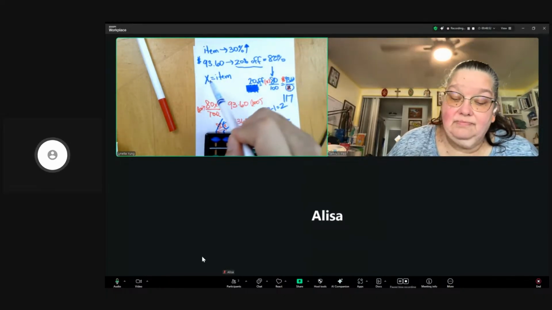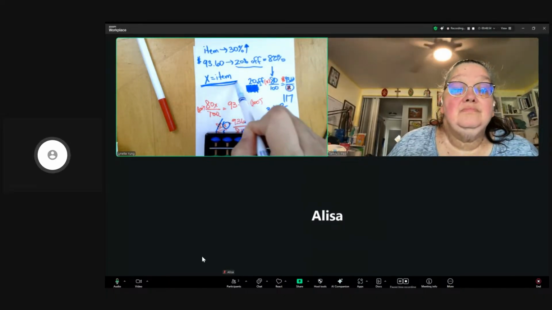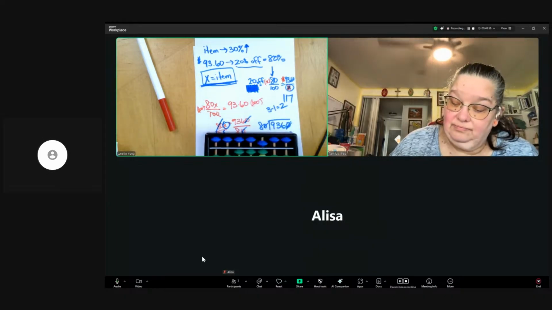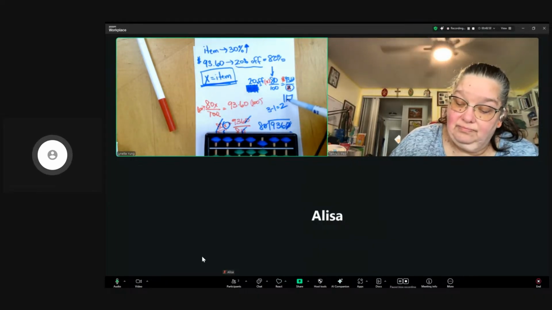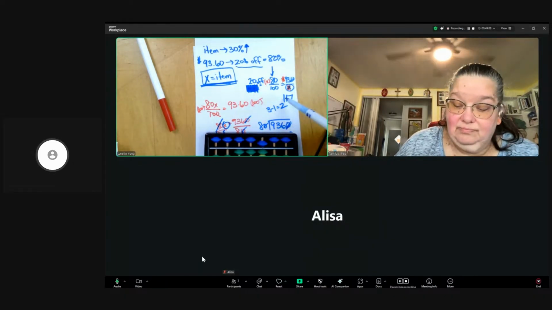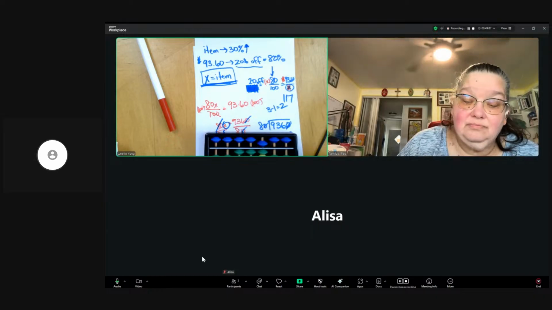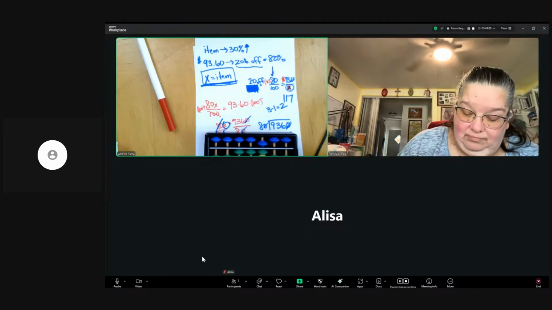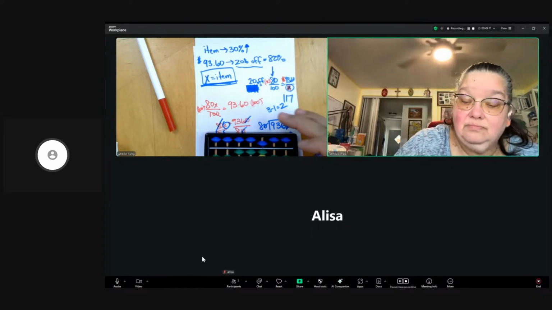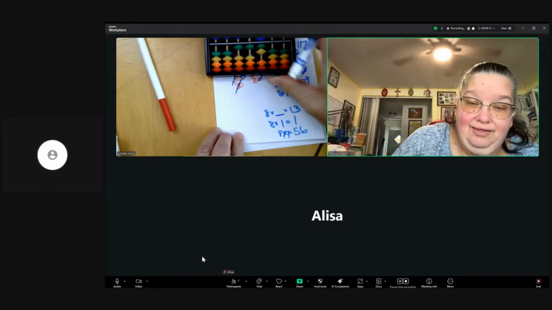But we still need to figure out this part. What did the shop buy? So if they mark this up at 17%, if they mark this up at $117, what's the original price? How do we figure that out? Okay.